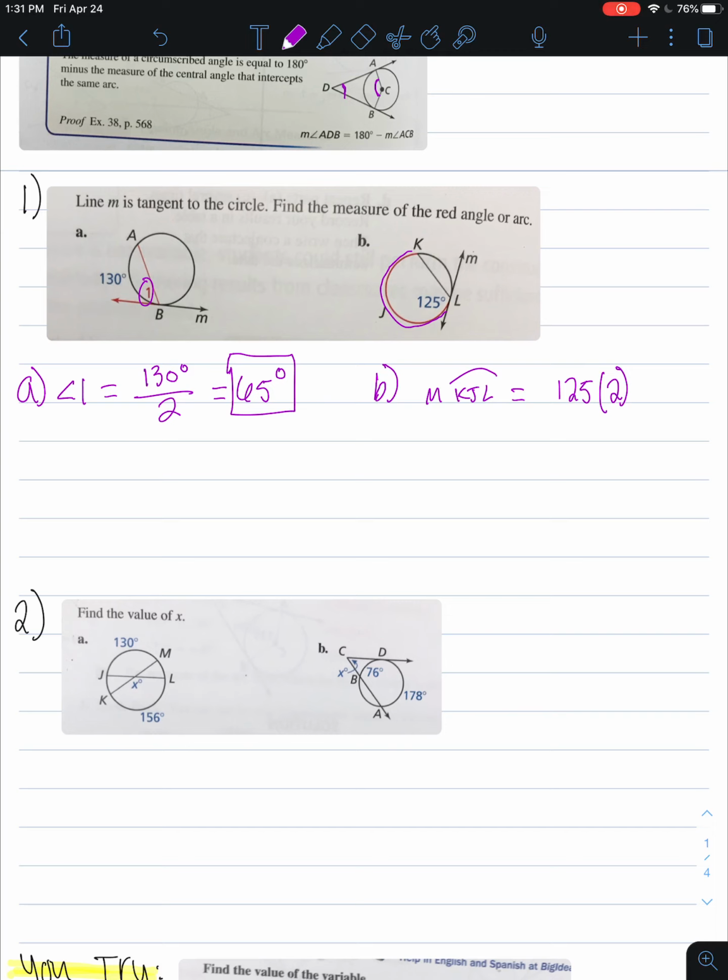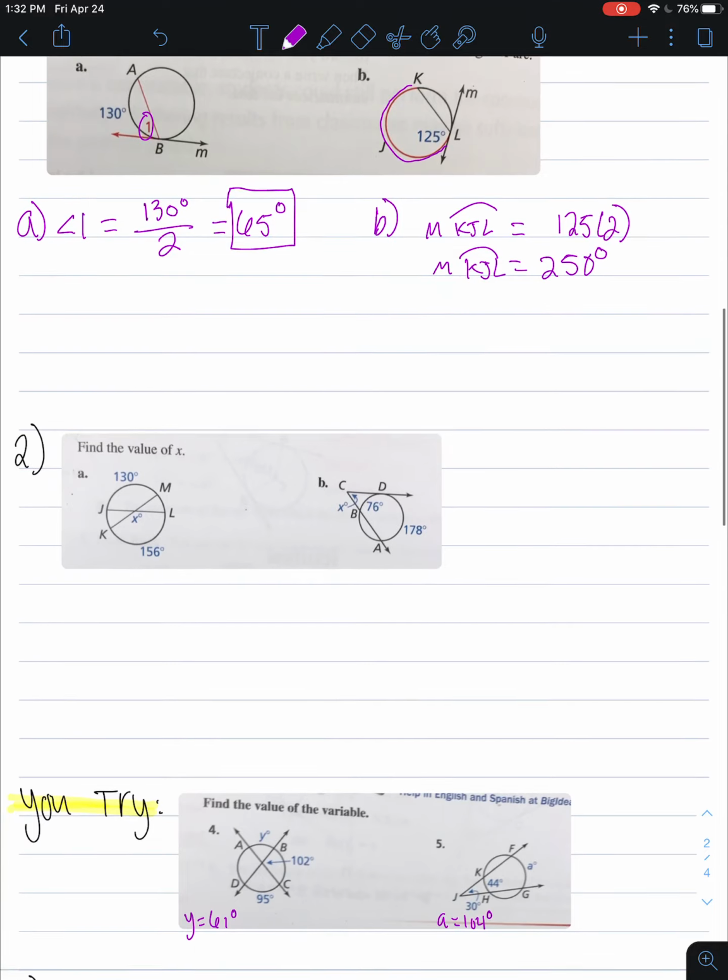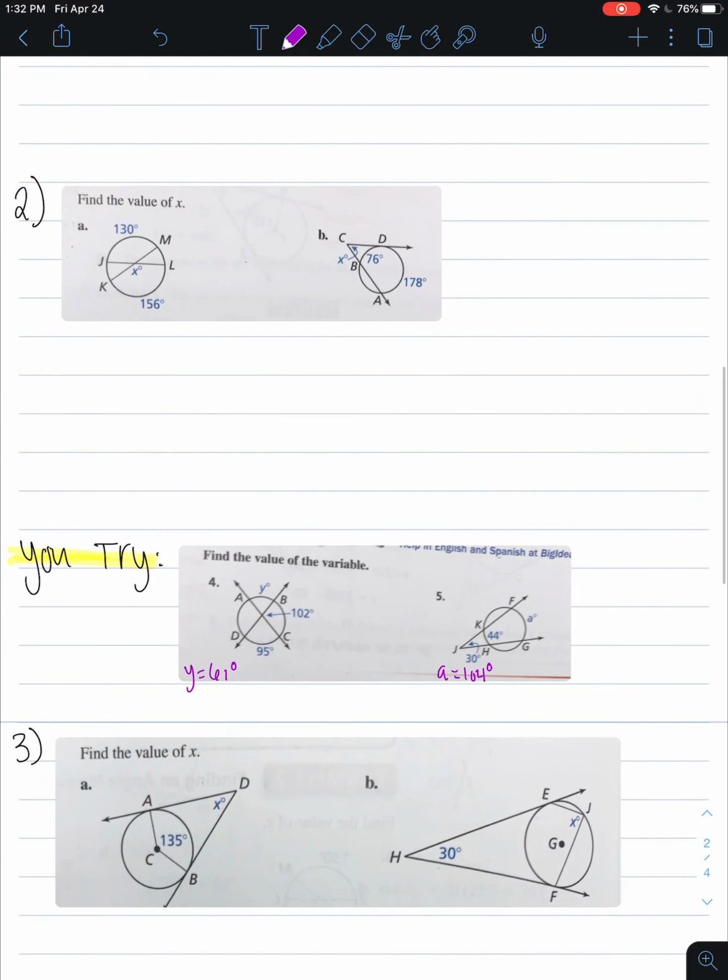You could also think of it as KJL divided by 2 is equal to 125, and then you would multiply by 2 on both sides. Either way works. I'm just going to write it as times 2, which means that this red arc is going to be equal to 250 degrees.